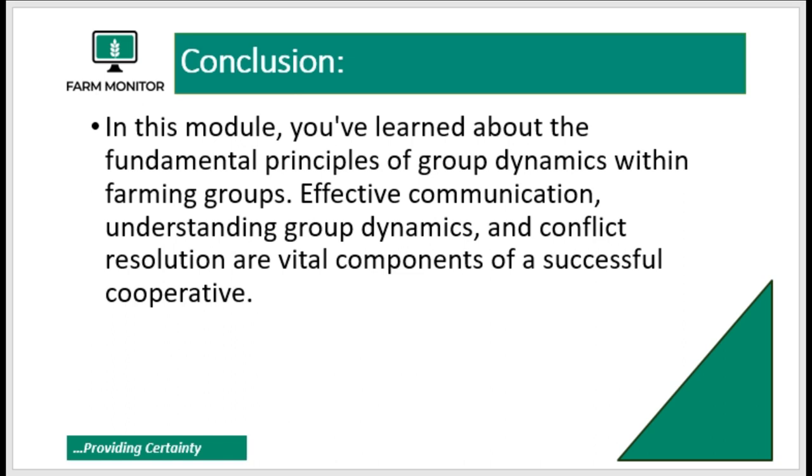All of these are vital components of a successful cooperative. These skills are crucial for creating a cohesive and productive farming group that can leverage its collective strength for mutual benefit. In the module ahead, we will explore the practical aspects of cooperative farming and resource sharing.